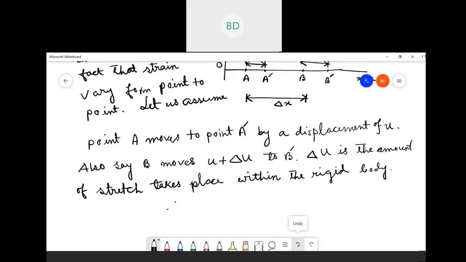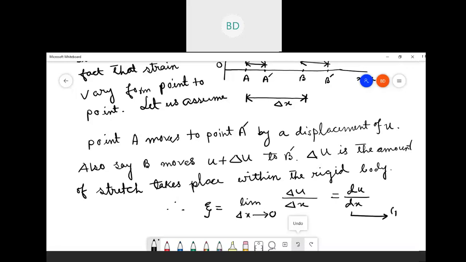Therefore, epsilon is equal to limit delta x tends to 0 of del u by del x, which is equal to du by dx.